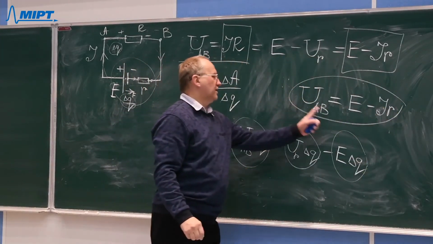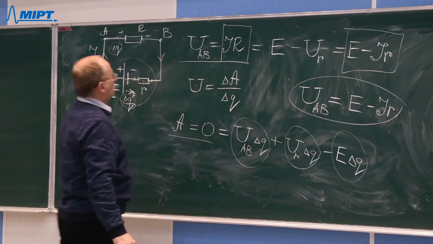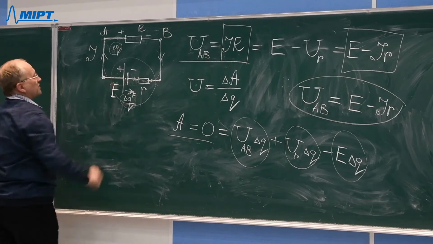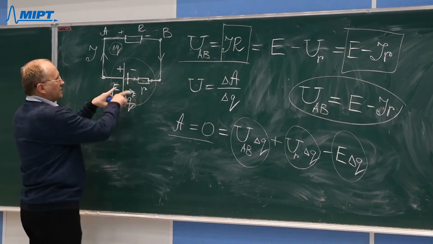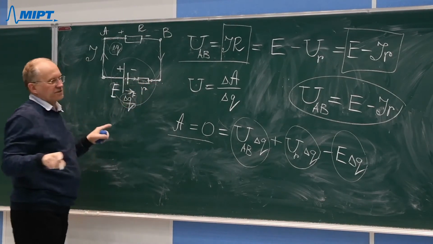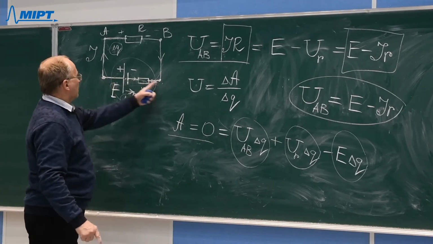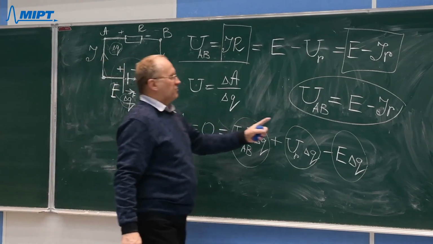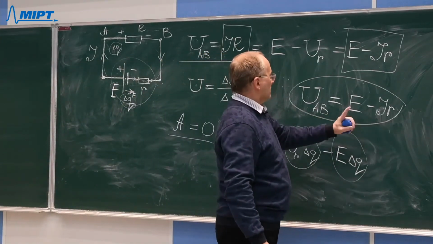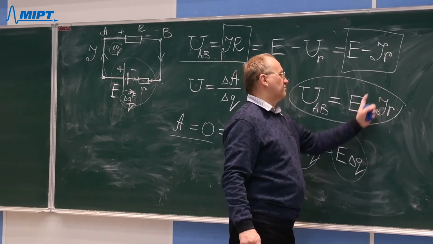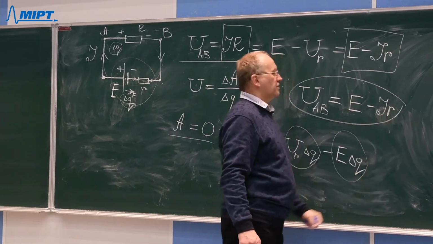What is UAB? That is the voltage on the contacts of the battery, the external contacts of the battery. And the voltage on the battery will be defined by this equation: the electromotive force of the battery minus something which depends on the current and the internal resistance of the battery.